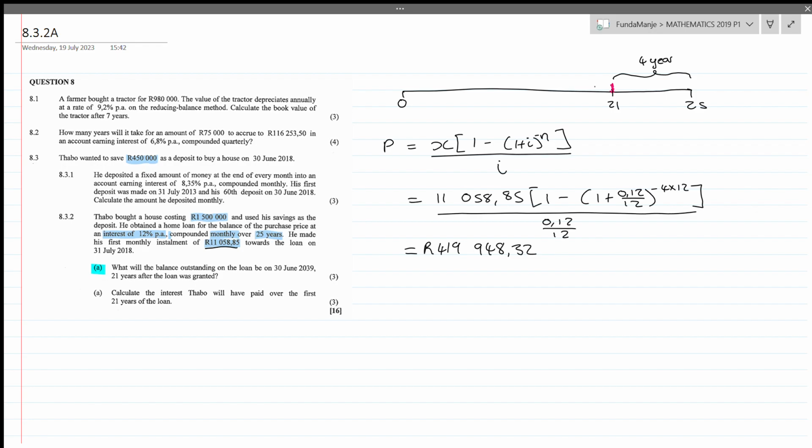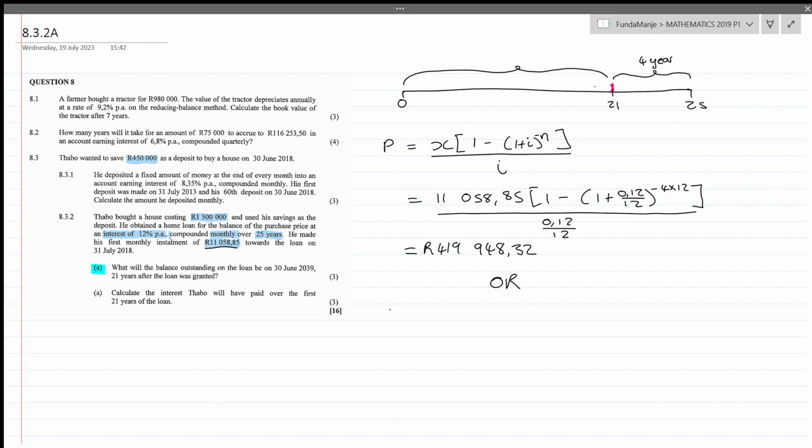The other method uses the other period of time, which is this one. What's nice about this formula is it accounts for the growing interest on the balance. But if we were to use future value alone, it only tells us the interest on the amount that Tabo is paying. So the other alternative is to use this formula.